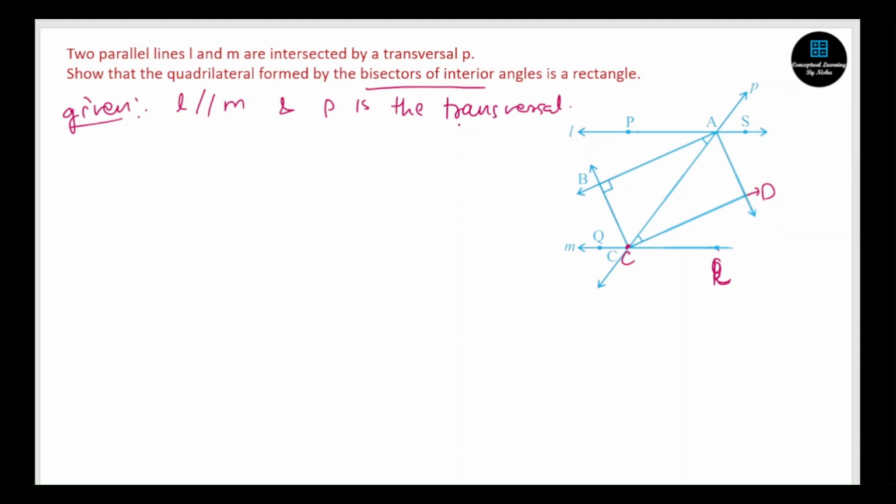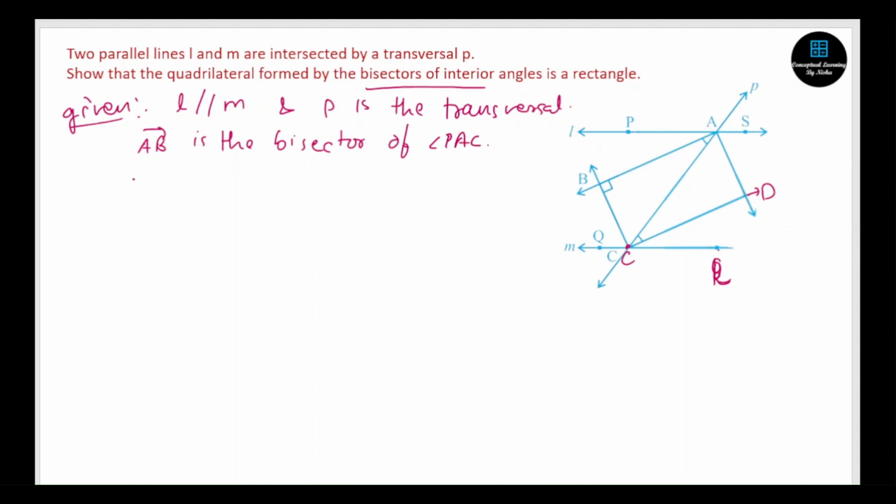One more thing is given: AB is the bisector of angle PAC.